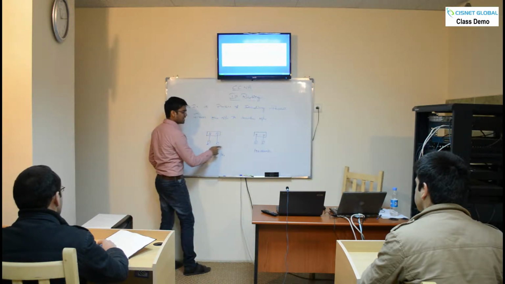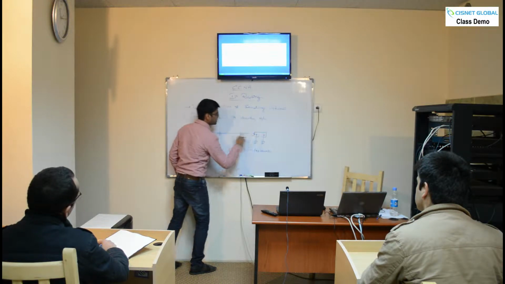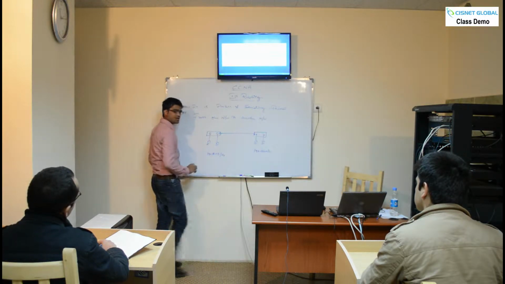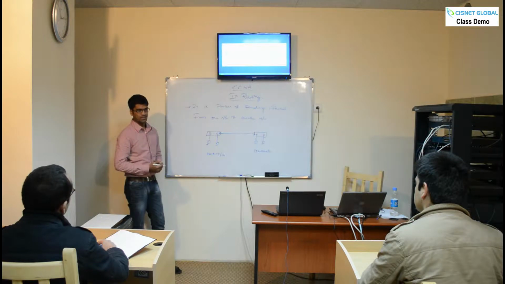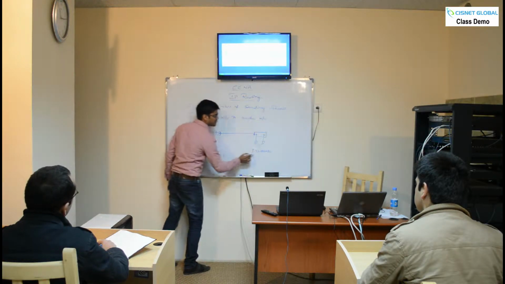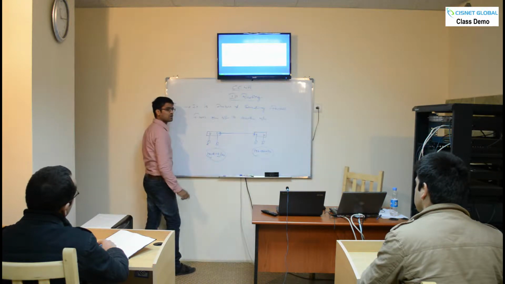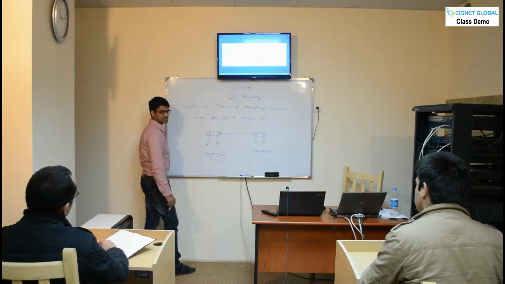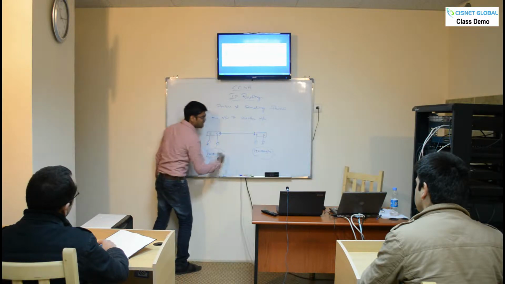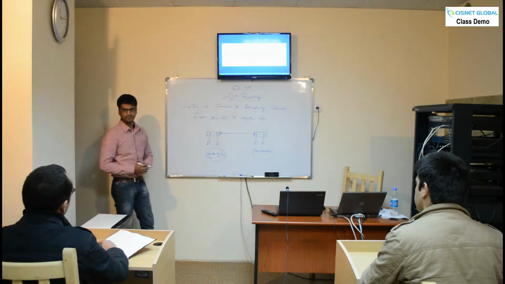When you have two different networks and you try to communicate from this network to that network, by default it's not possible. The reason is they are in two different networks. The 1.0 is a different network, the 2.0 is a different network, so they are not able to communicate. To make them communicate, we use IP routing.